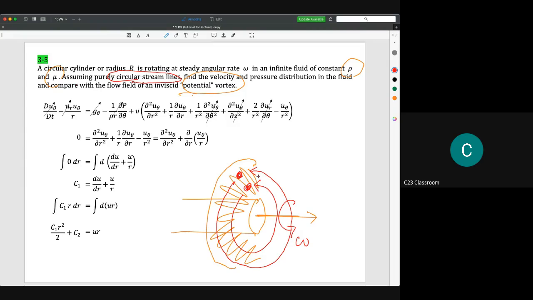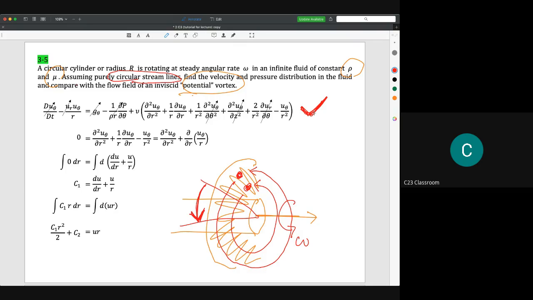That is the purely circular streamline. In this situation, we need to analyze using the Navier-Stokes equation in the theta axis, because the motion is in the theta direction, so the flow is according to this direction.